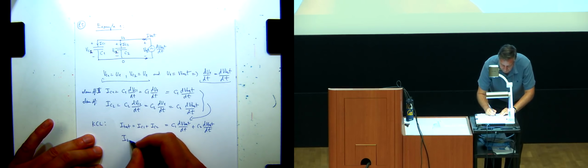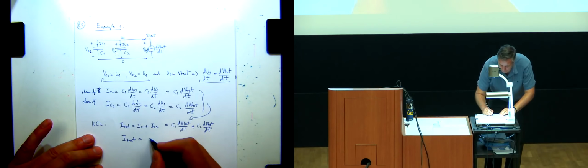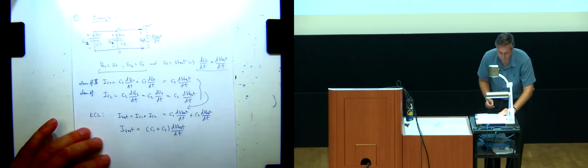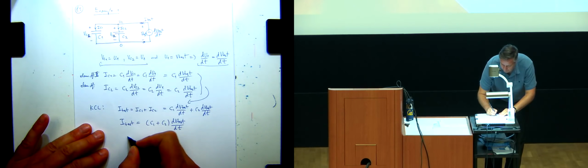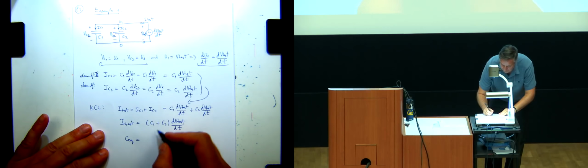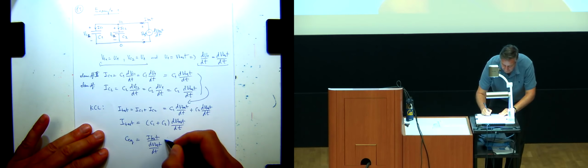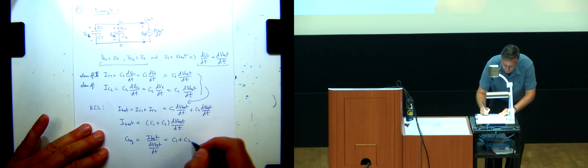So from here we can say that I test equals C1 plus C2 times dV test dt. Or that C equivalent equals I test over dV test dt, and that's C1 plus C2.